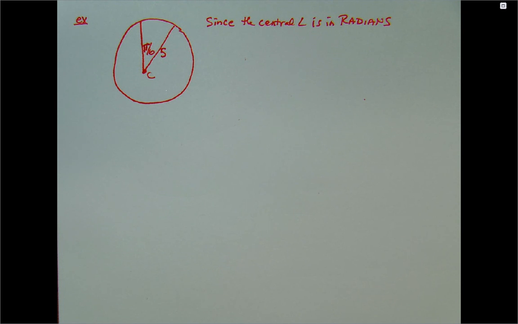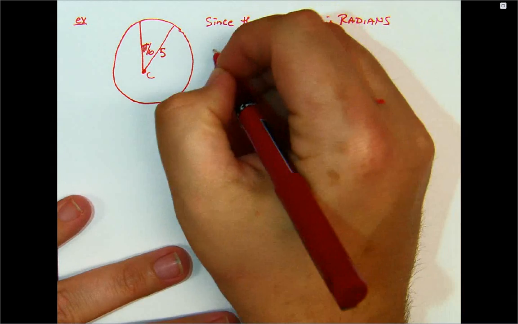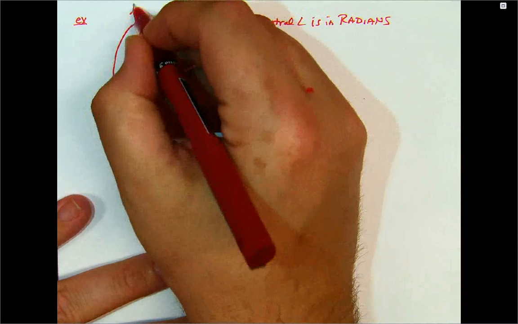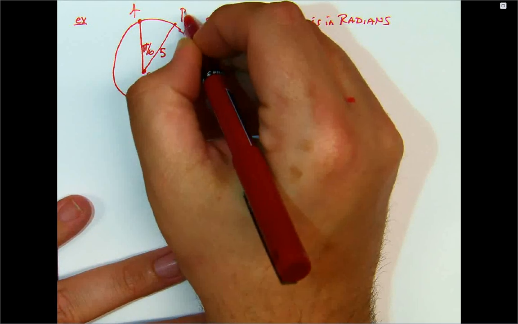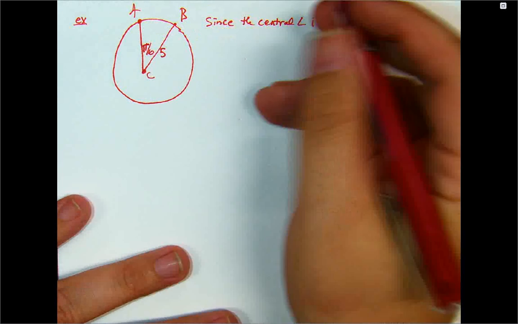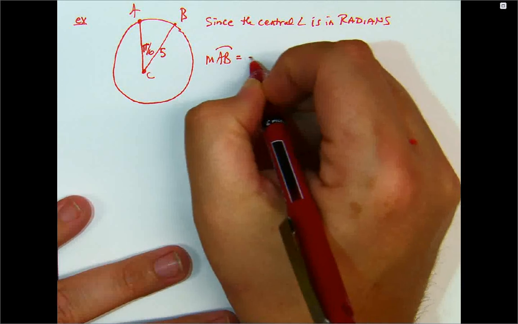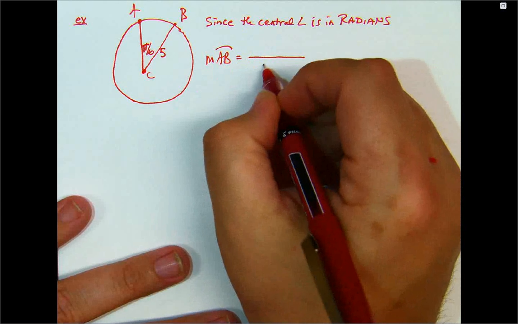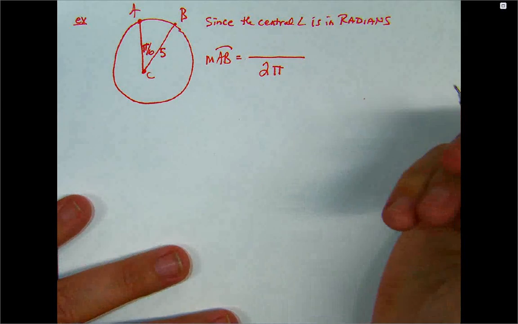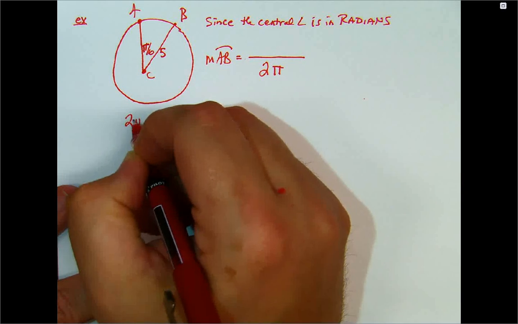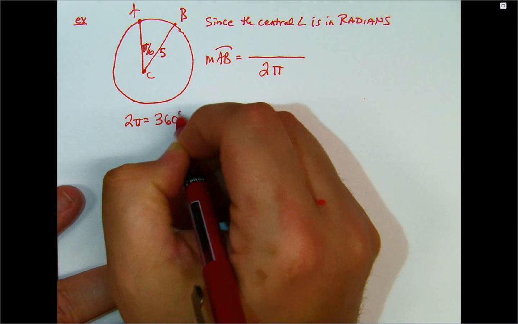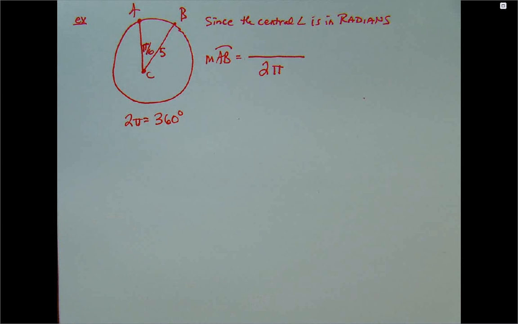So for arc length, we're going to go from A to B, if we want that length. So the measure of AB is going to be equal to whatever it is over 2 pi, because 2 pi is equal to 360 degrees. So I can take this pi divided by 6 over 2 pi.